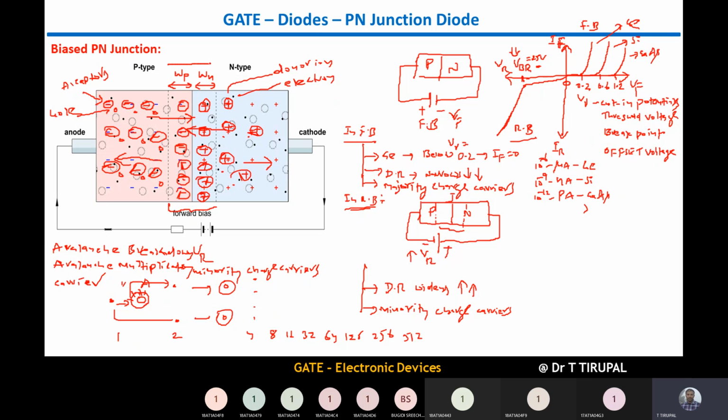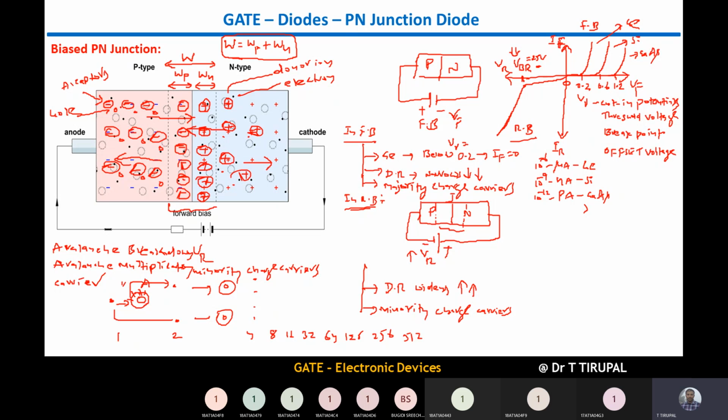What is the total width of the depletion region? I can take the total width as W. So W is equal to WP plus WN. This is the total width of the depletion region.